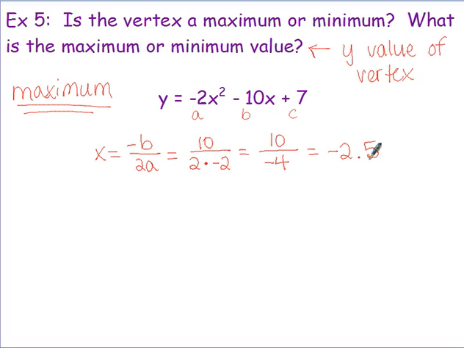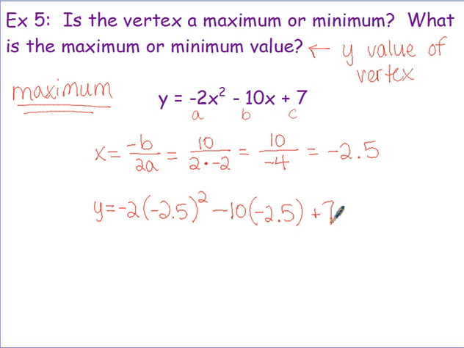Now, because we need the y value, we're going to plug this guy in where the two x's are. Y equals -2, there's x, so parentheses, -2.5, close parentheses, squared, minus 10, parentheses, -2.5, close parentheses, plus 7.